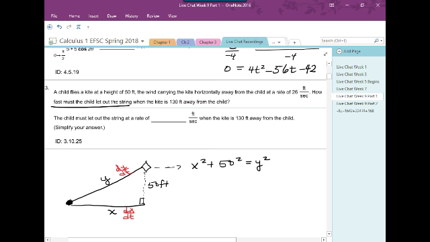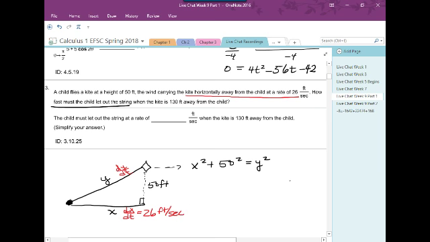Is that right? Let's see. How fast must the child let out the string when the wind is carrying the kite horizontally away from the child at 26 feet per second. So we're being told that at this particular moment in time, or maybe constantly, dx/dt is 26 feet per second.